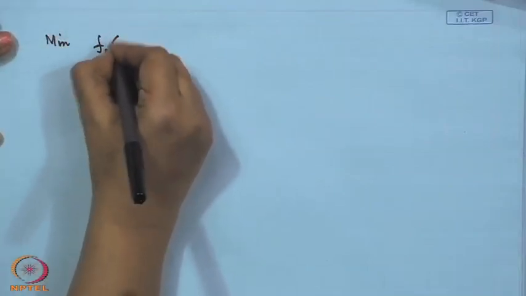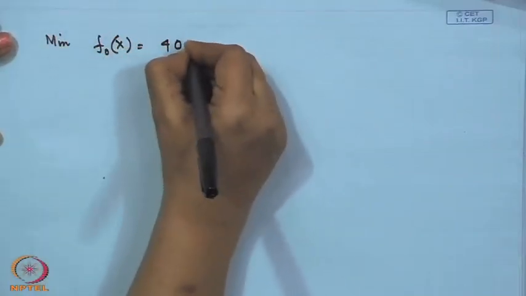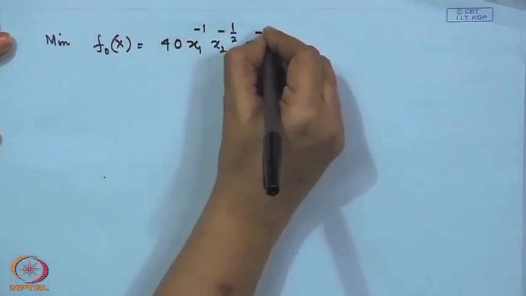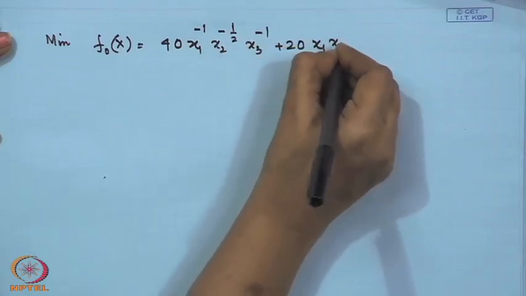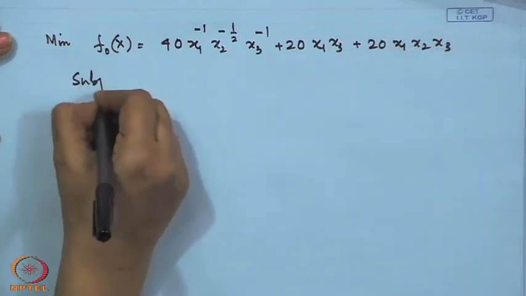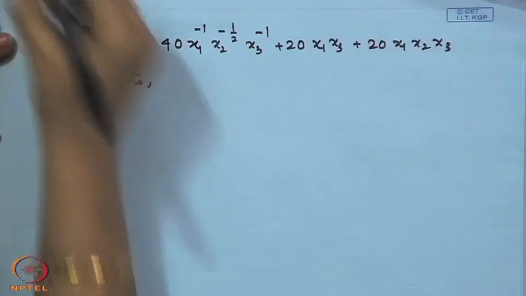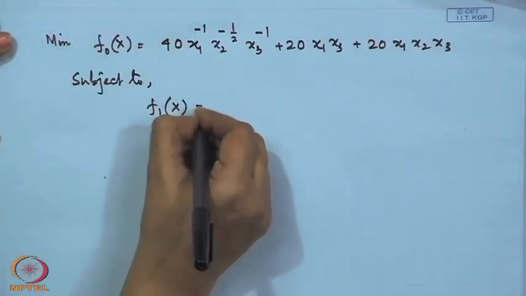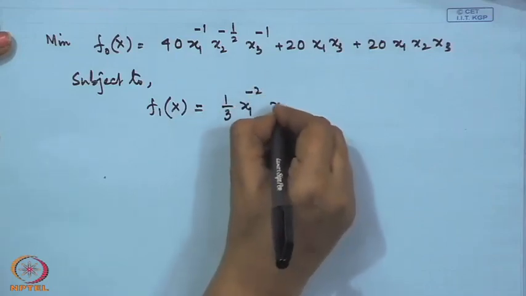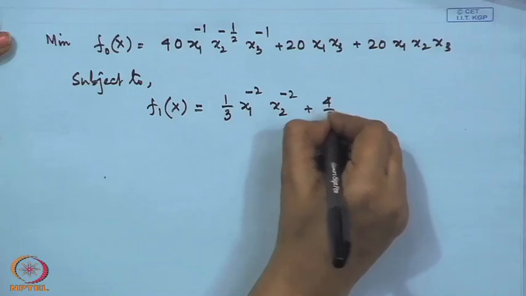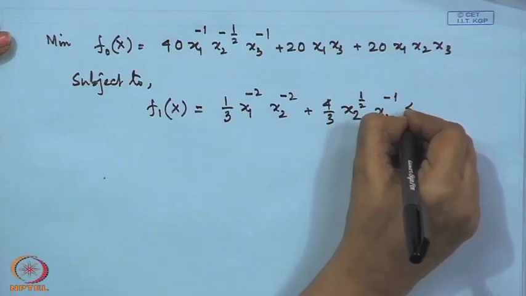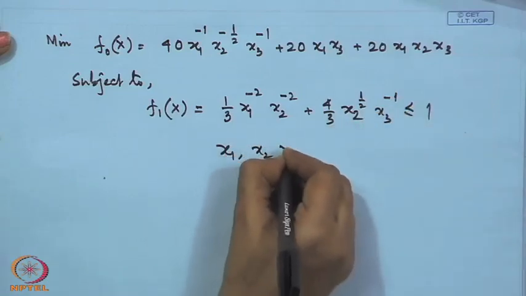We are considering the problem f0(x) equal to 40 x1 to the power minus 1, x2 to the power minus half, x3 to the power minus 1, plus 20 x1 x3, plus 20 x1 x2 x3, subject to f1(x) equal to 1 by 3 x1 to the power minus 2, x2 to the power minus 2, plus 4 by 3 x2 to the power half, x3 to the power minus 1, less than or equal to 1. And this is the problem for us.